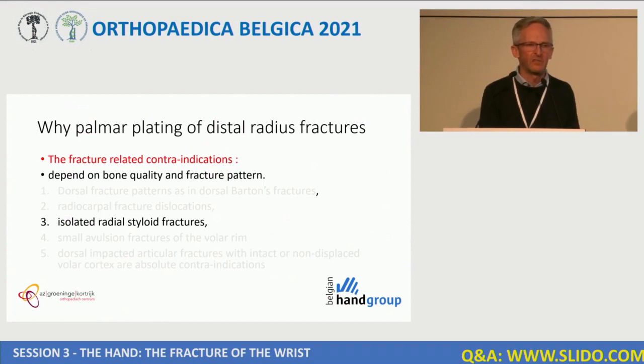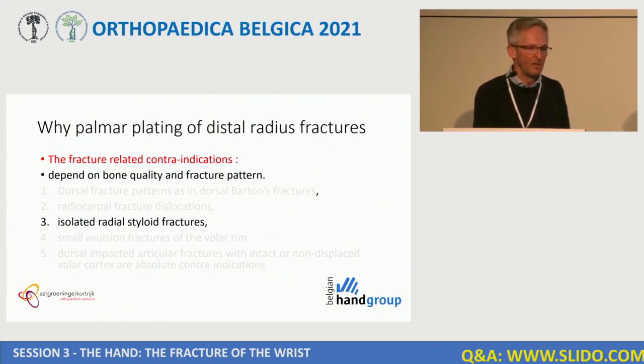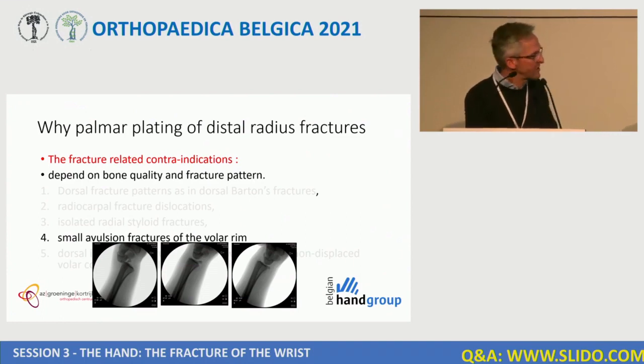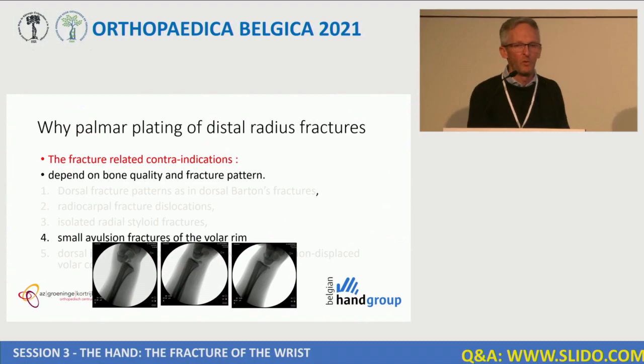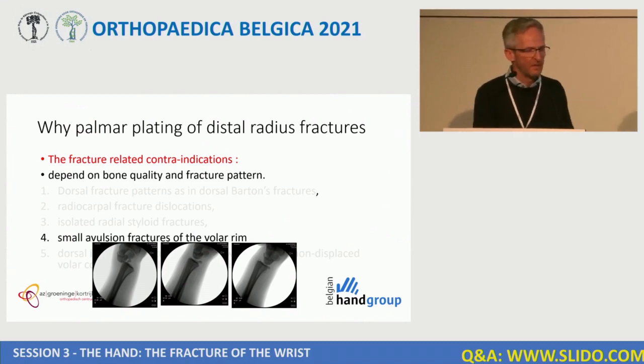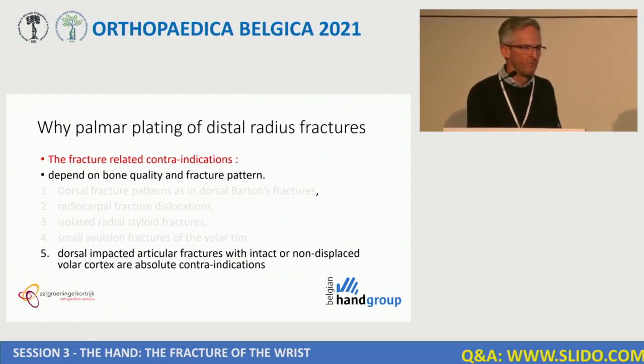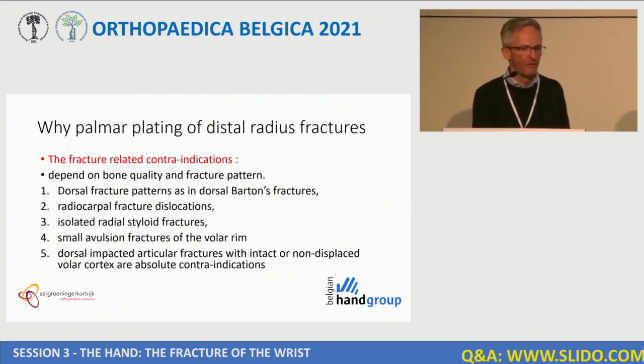Then also isolated radial styloid fractures, you can maybe, but maybe you choose a styloid plate or a pin. And then small avulsion fractures of the volar rim, the nice small bit that you have just here, ulnar side, is a main stabilizer. This you don't take with a palmar plate, you do this with fragment-specific material. And then dorsal impacted articular fractures with an intact or non-displaced volar cortex maybe also go better the dorsal way.